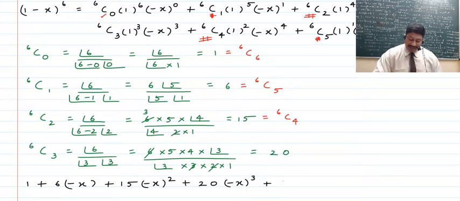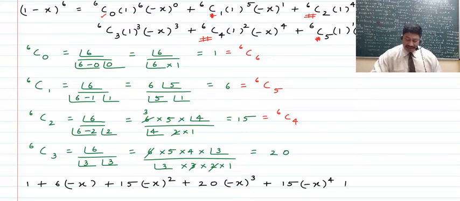Further to that, we're going to add here now the next binomial coefficient, which is 6C4. Its value is the same as 6C2, which is 15. So next now we have 15 times 1 raised to the power 2, which will remain to be 1, and further to be multiplied with (-x) raised to the power 4.